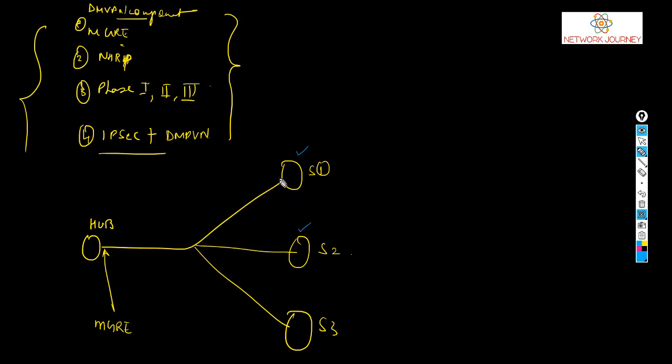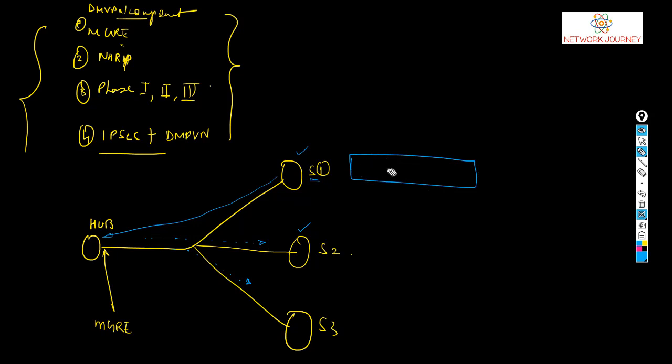Basically what happens is, first the packet will be sent to the hub. Now as soon as the packet is received on the hub side, the hub doesn't know who spoke 1 is trying to communicate with. Is it this one, or is it this one? Because the header of the packet would look something like this.